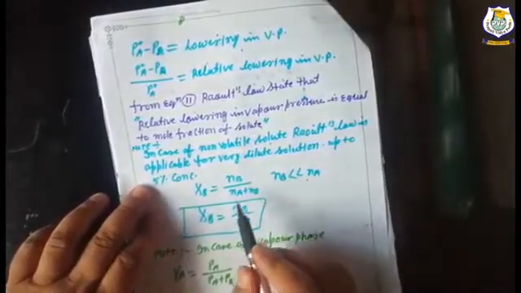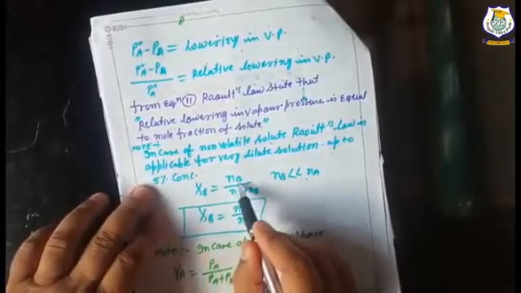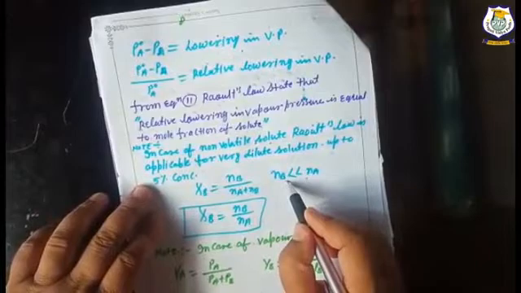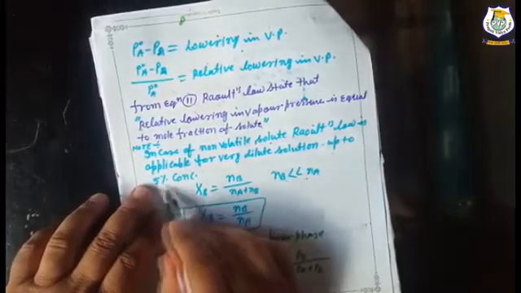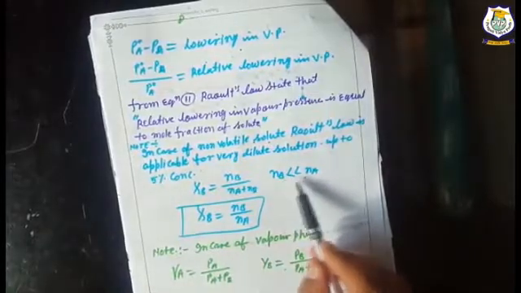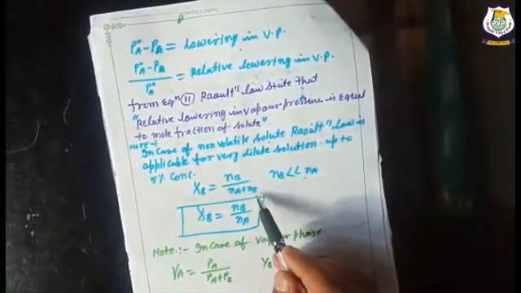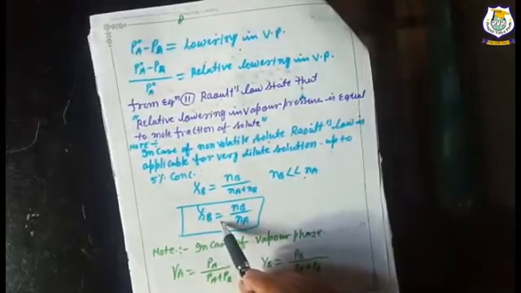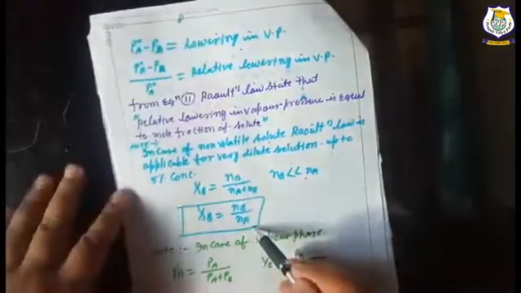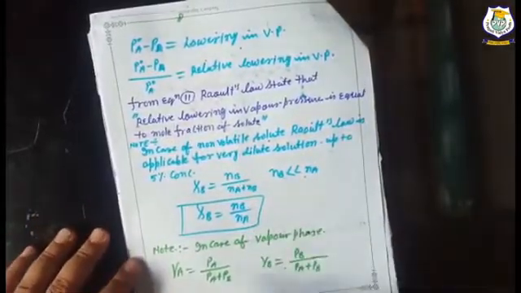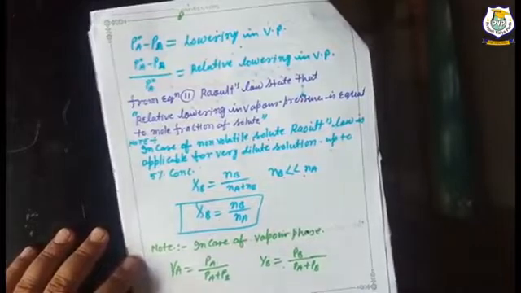Therefore, chi B equals nB upon (nA plus nB). The value of nB is very small because the concentration is maximum 5%. Therefore it is neglected from the denominator, and the value of chi B is written as wB upon nA.